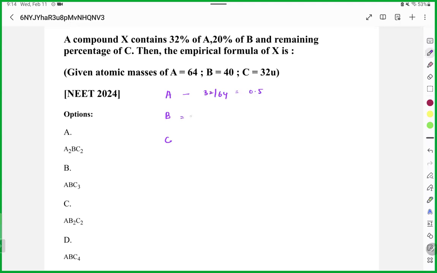Second, B, percentage is 20, molar mass is 40, so 0.5. C, what is the remaining? 32 plus 20, 52, remaining is C. It means 48. Molar mass is 32, so it will be 3 by 2. So it's 1 by 2, 1 by 2, 3 by 2. If you multiply everything with 2 to get a simple whole number, it will be 1, 1, 3.